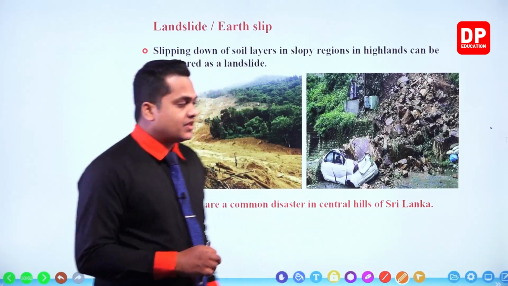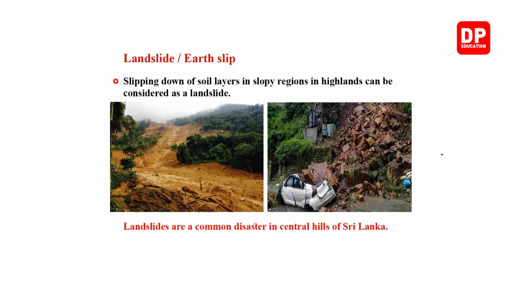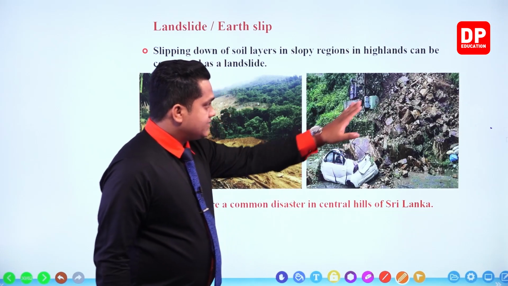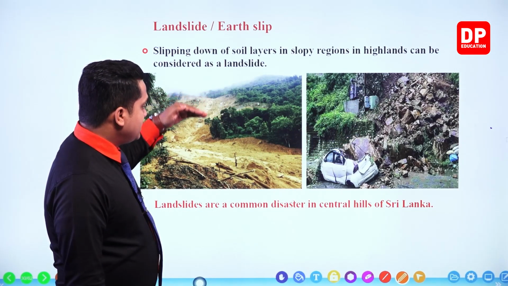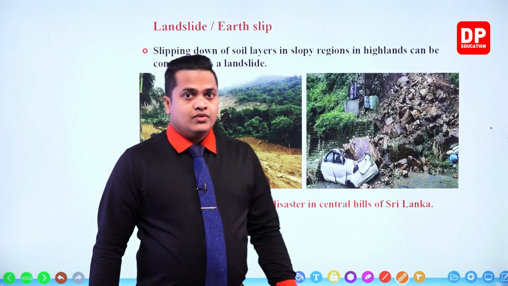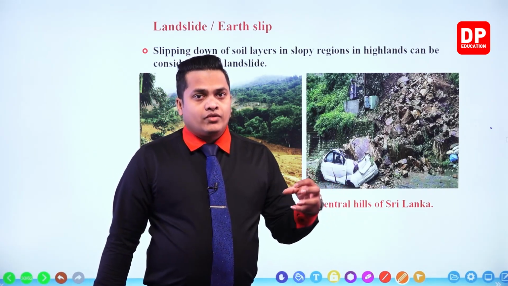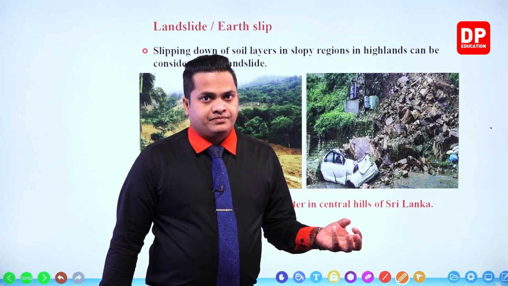So here you are given the point: the slipping down of soil layers in sloping regions in highlands can be considered a landslide. When you take a highland like this, as you can see within these figures, these lands are located at a greater altitude.